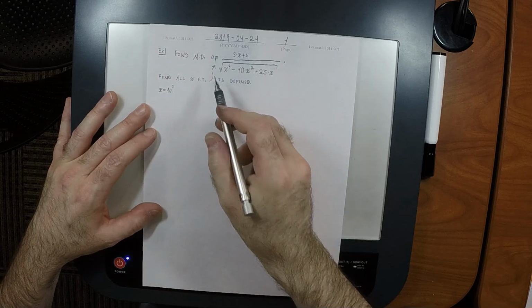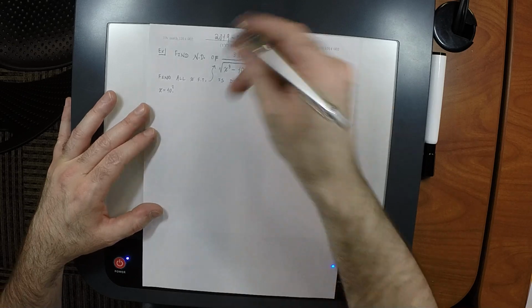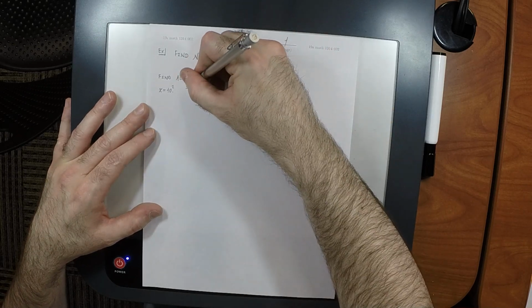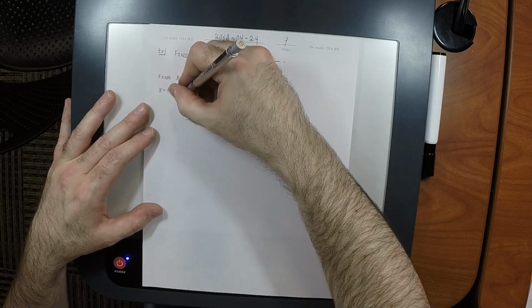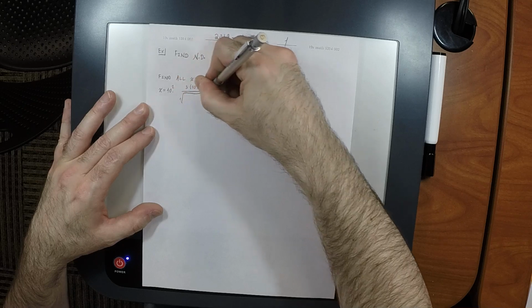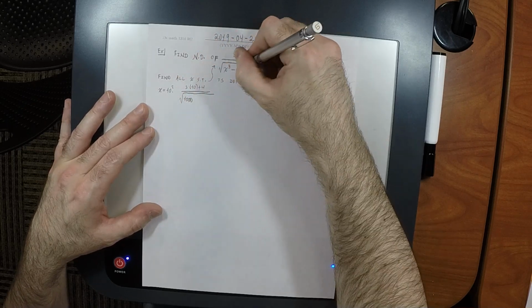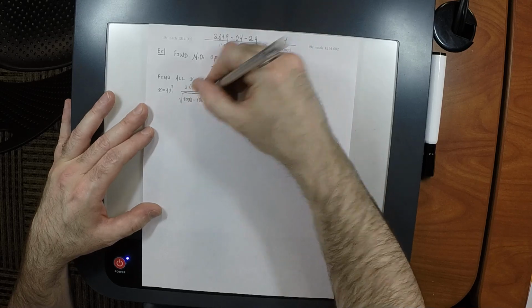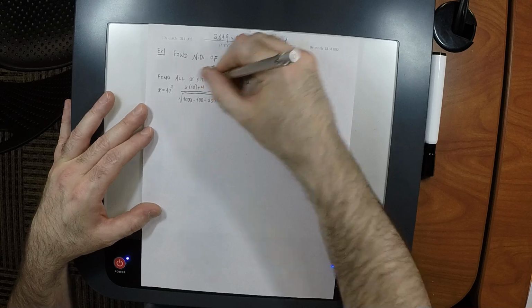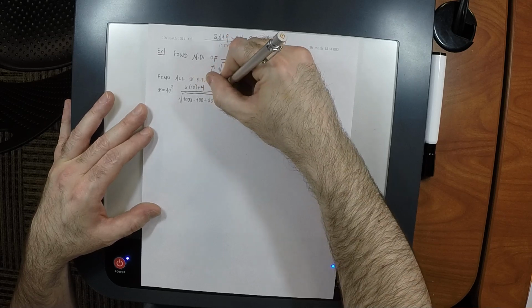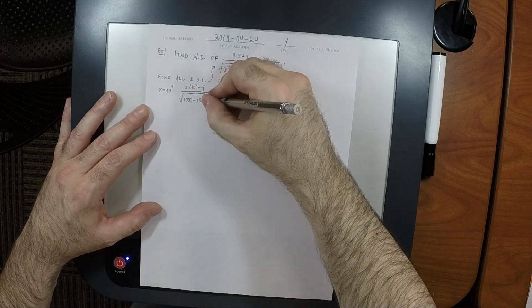If you plug in 10, you'd get 3 times 10 plus 4 in the numerator, and in the denominator, the square root of 1,000 minus 1,000 plus 250.